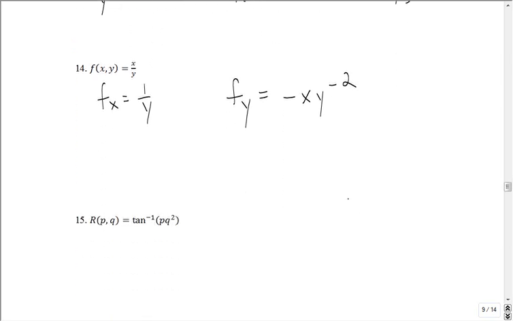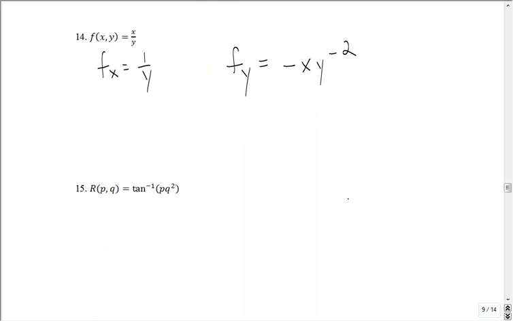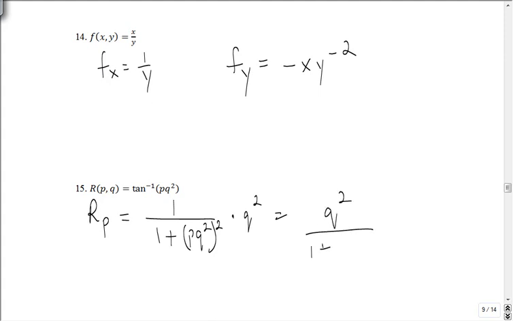Okay. Now, we have partial with respect to p and q. So you need to give me the work for that. One person, what is the partial of r with respect to p, please? 1 over 1 plus 3q squared, times q squared. What are you doing with this? All of that must be squared, right? Times what? Q squared. Q squared, good. So this is q squared over 1 plus p squared q to the 4th.